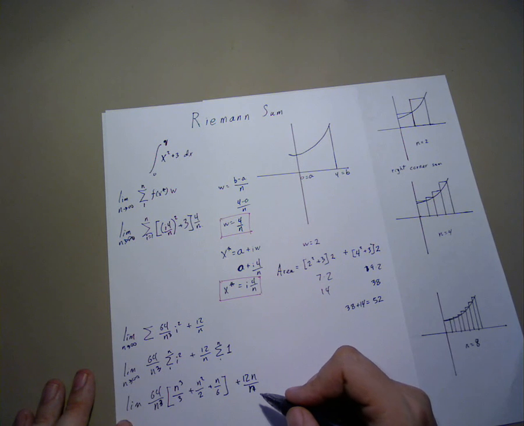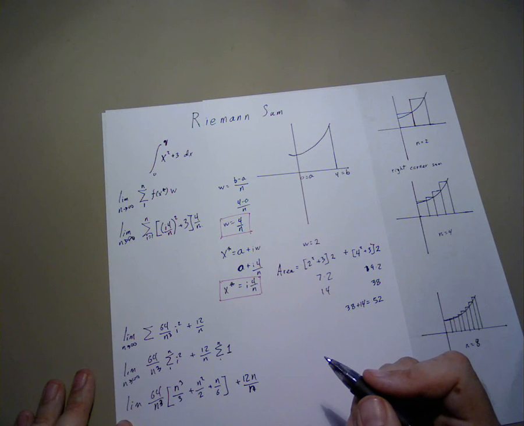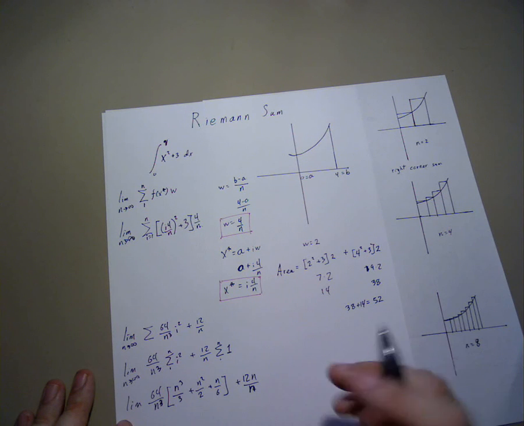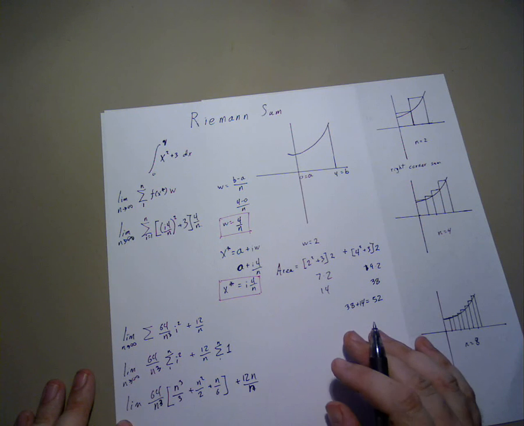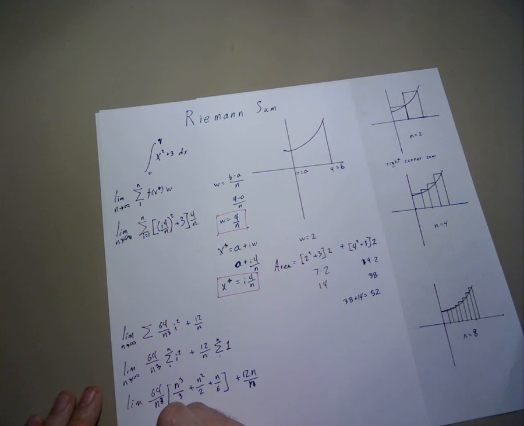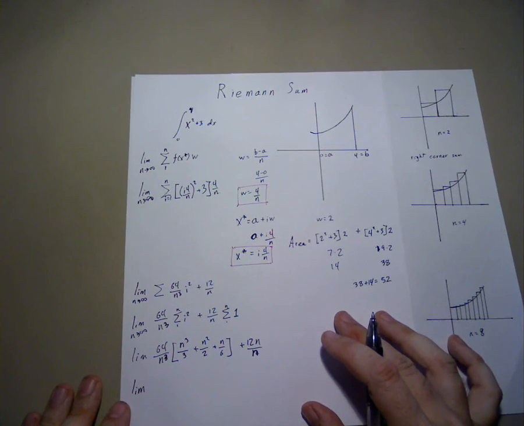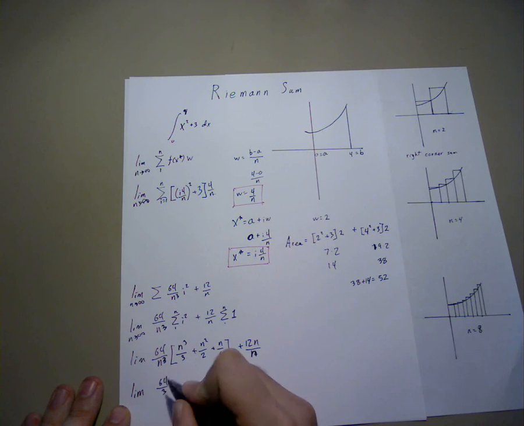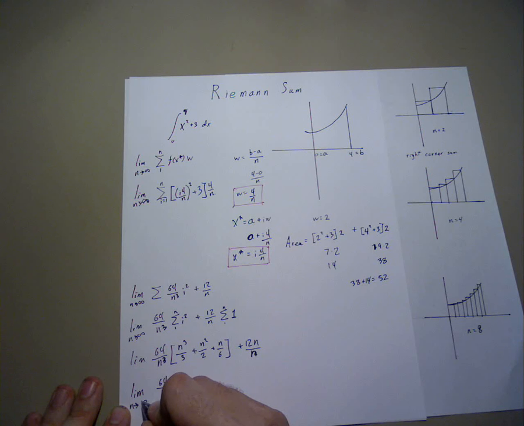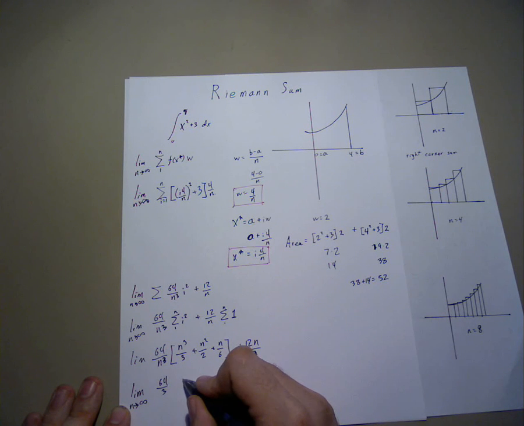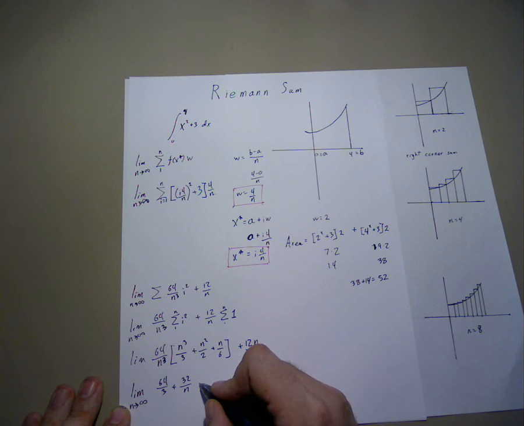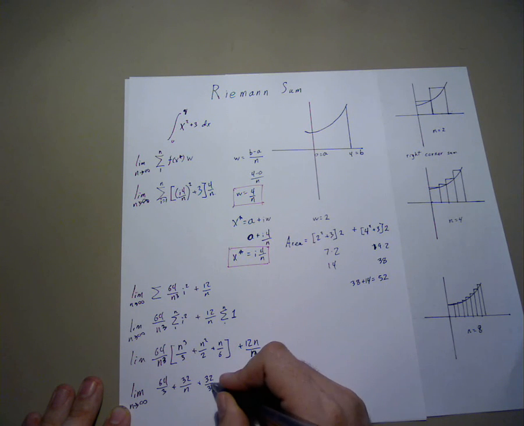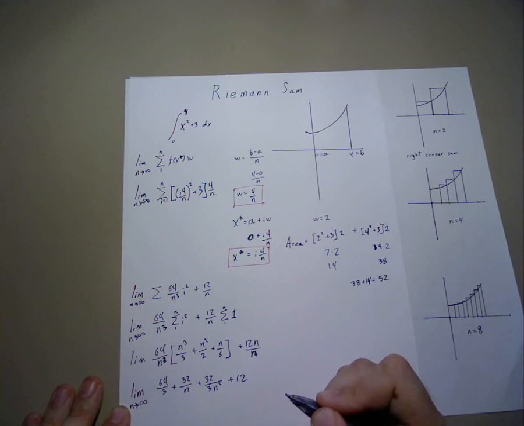Okay. Now, it's a matter of evaluating the limit. We can simplify this by writing 64 over 3, of course as n goes towards infinity, we have 32 over n plus 32 over 3 n squared plus 12.